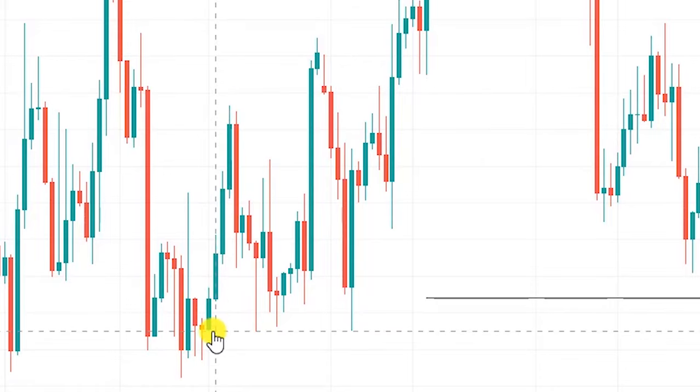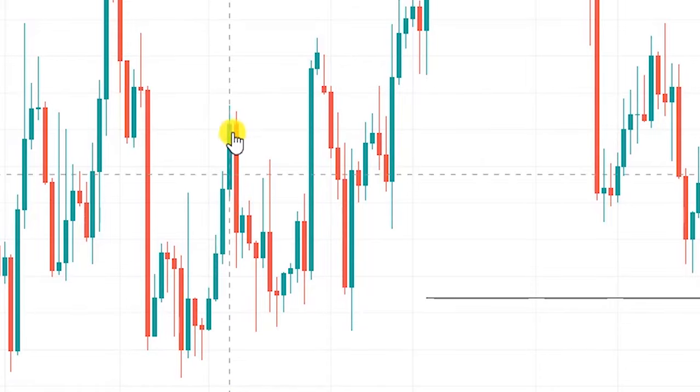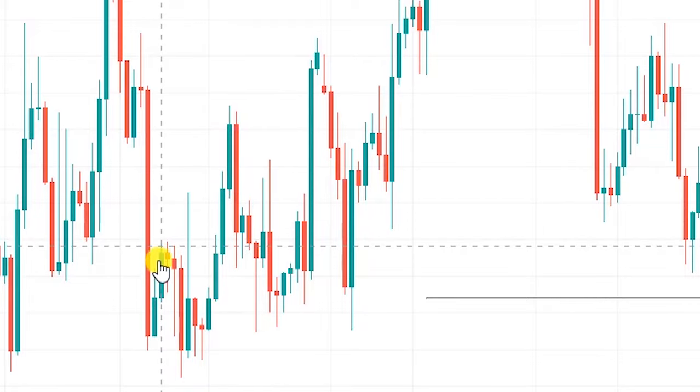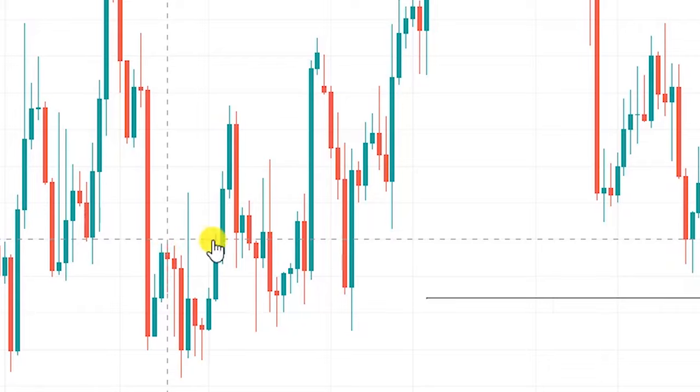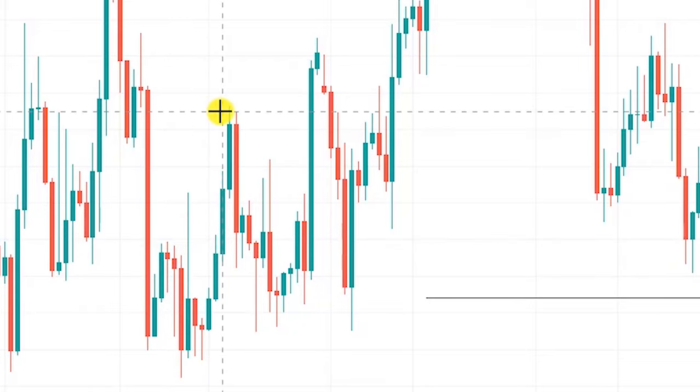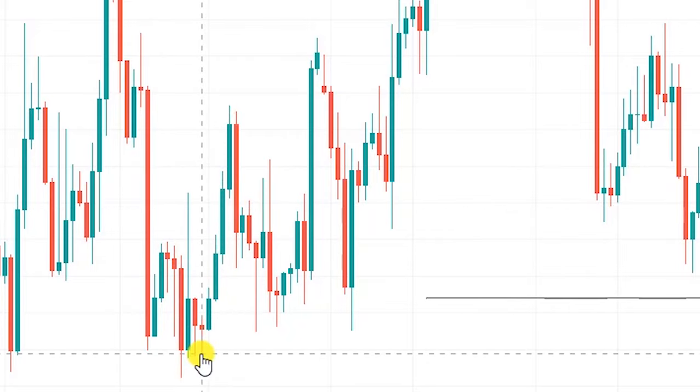Like we said, the move that broke structure grabbed liquidity from both those that were looking to sell at this high and those that were looking to buy when the market breaks this high. So that's the move that broke structure. Now, who are the ones that did it? They are the big players. They are the institutions. We know that now.